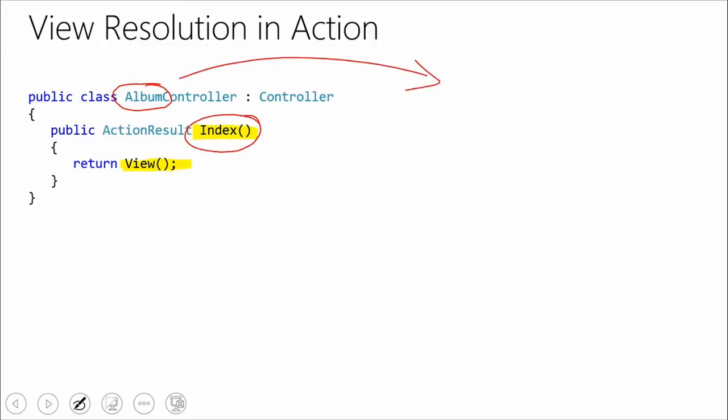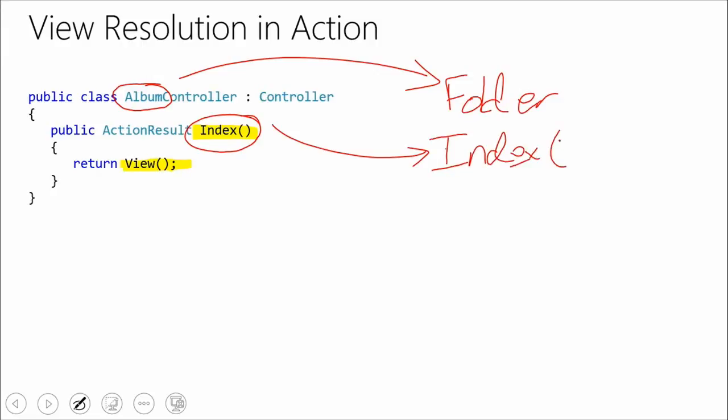And MVC will automatically look for a folder called album, and it will automatically look for a view called index. There we go. Sort of looks like a 3-year-old just grabbed a crayon here, but it works.